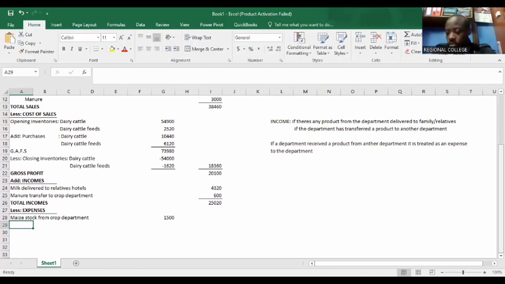If I'm transferring something from my department to you, to me it is an income, but to the department receiving it, it is an expense. If a department receives a product from another department, it is treated as an expense to that department.